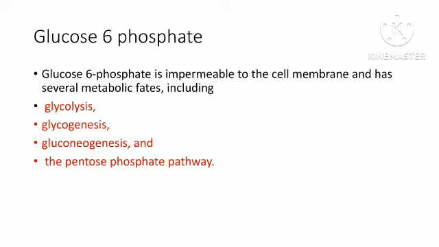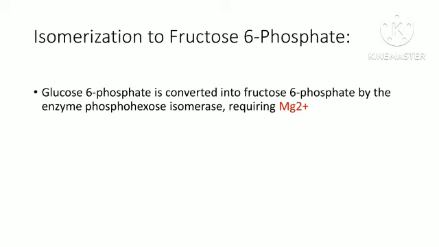Isomerization to fructose 6-phosphate. Glucose 6-phosphate is converted into fructose 6-phosphate by the enzyme phosphohexose isomerase, requiring Mg2+.